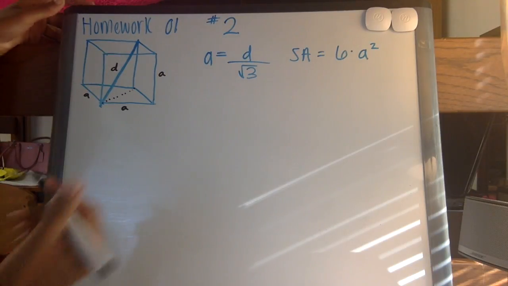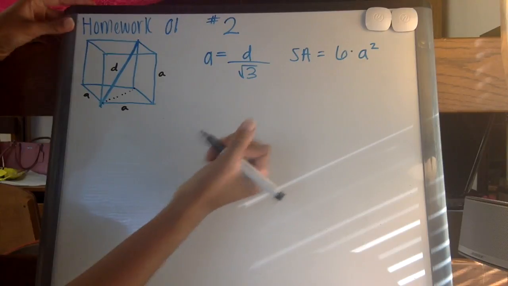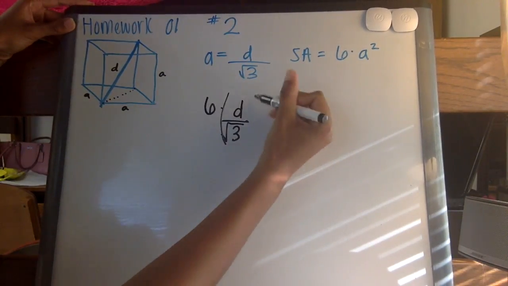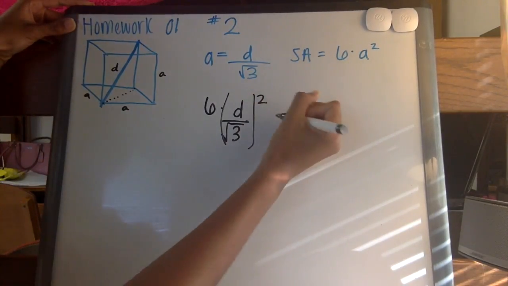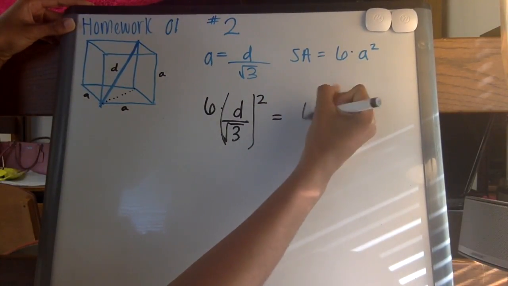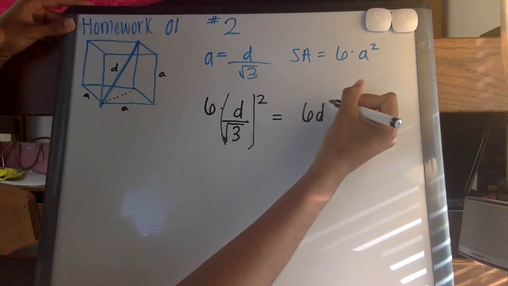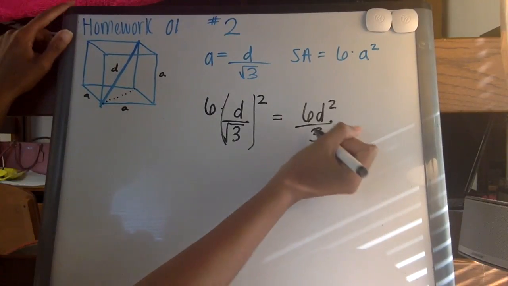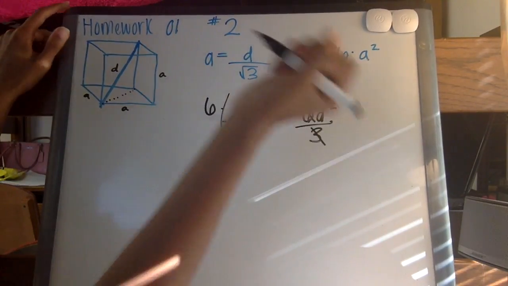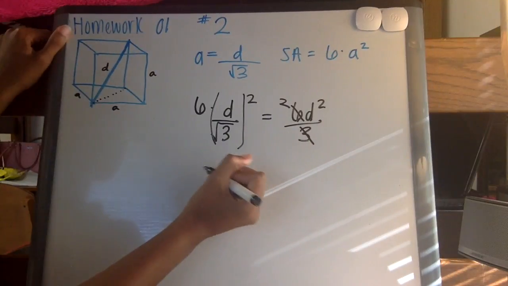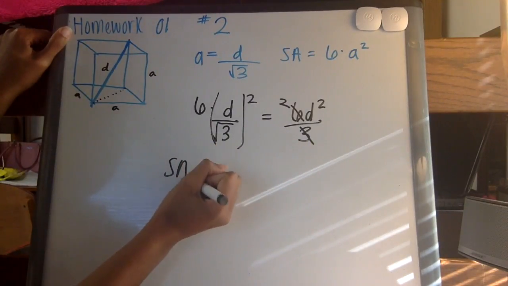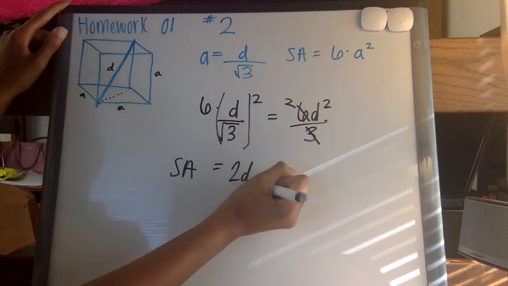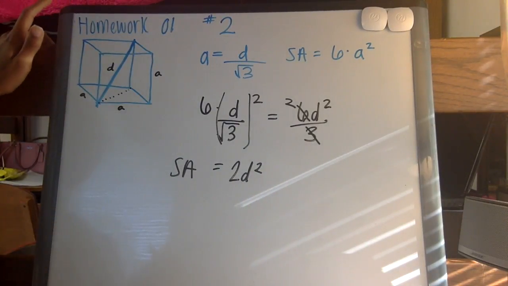Last time we found that a equals d over the square root of 3, so we copy that into the surface area formula and square the whole thing, which simplifies to 6d squared over 3. The square root goes away. And 6 over 3 simplifies to 2, which sets our surface area equal to 2d squared. And that's how we find surface area.